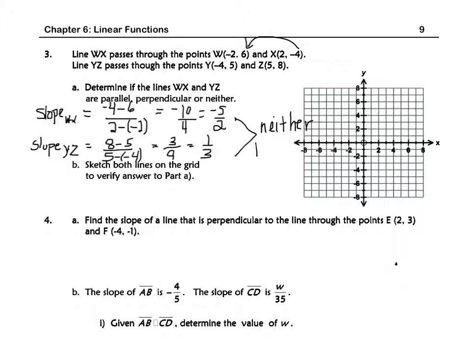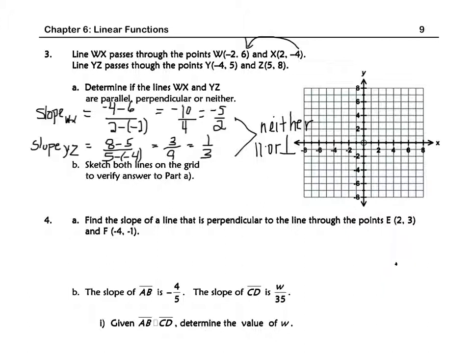I'm just going to use the symbol for parallel or the symbol for perpendicular rather than write that word out. Okay, so this symbol for parallel looks like parallel lines, and the symbol for perpendicular looks like a set of perpendicular lines. So it says in part B to sketch the lines on the grid to verify your answer.